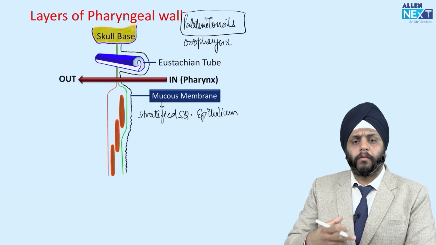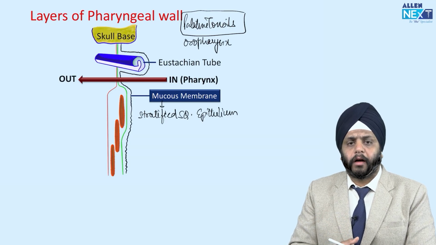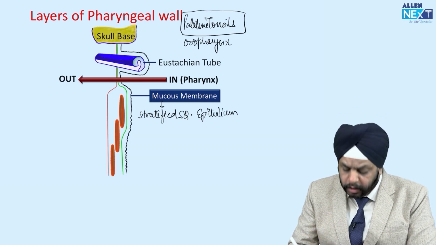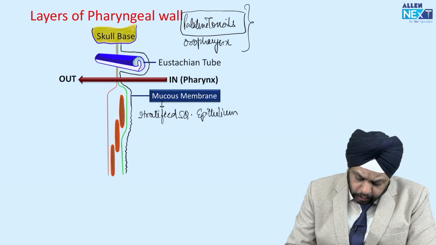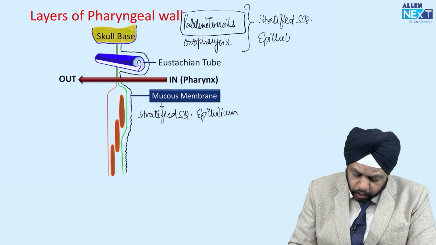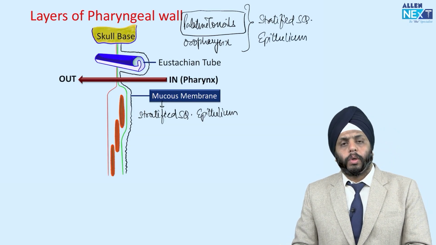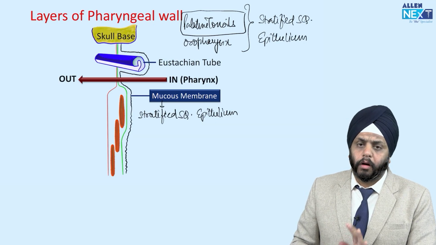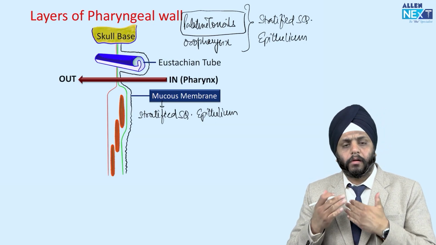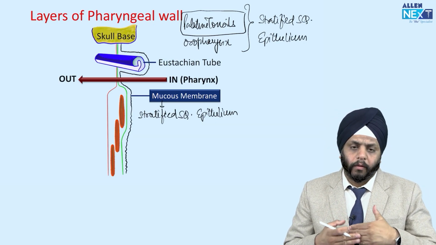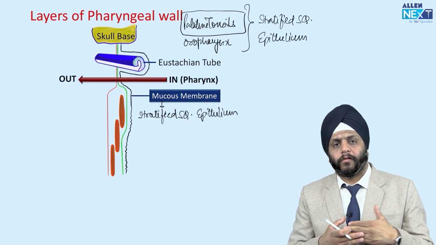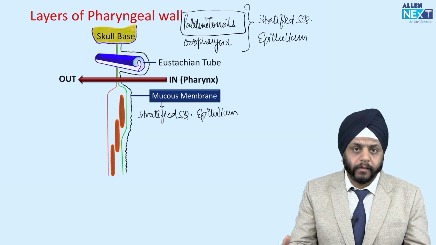So the medial surface of these palatine tonsils, what epithelium do they have? So yes, they have stratified squamous epithelium. Now, whenever somebody asks you whether it is keratinizing or non-keratinizing, just remember that outside on the skin, stratified squamous epithelium is keratinizing.